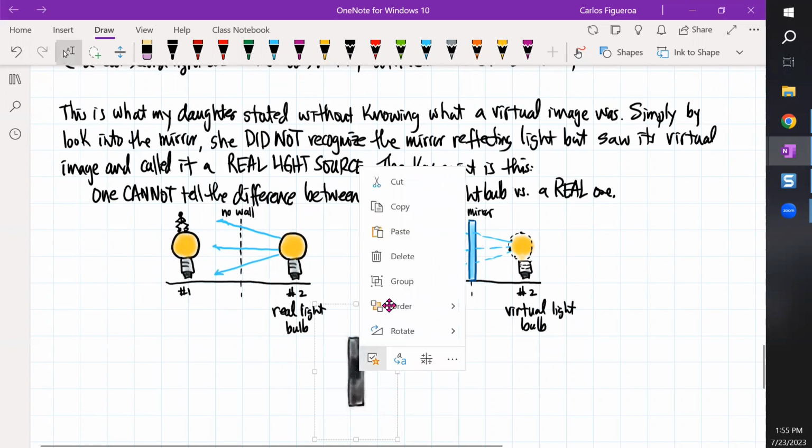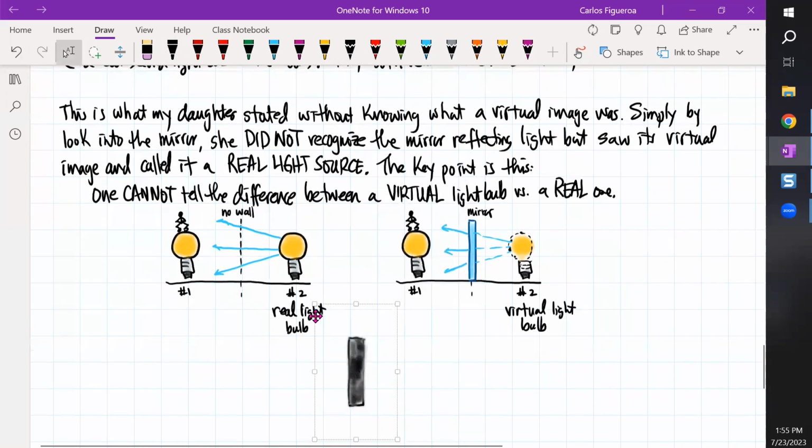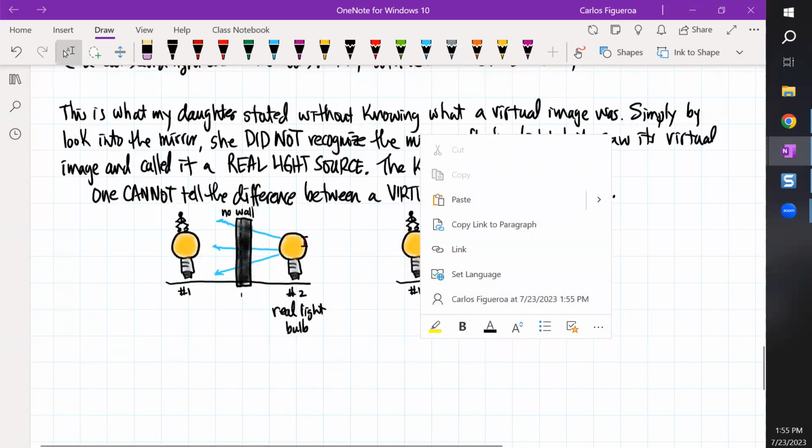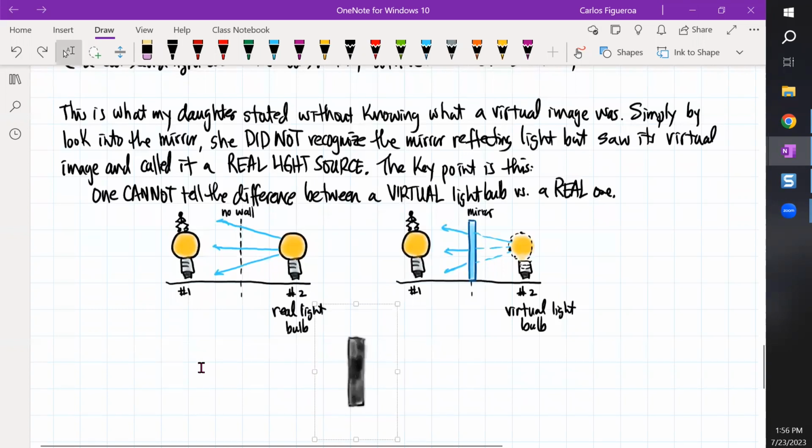What I really want to do is make it nice and big so that it blocks everything out.